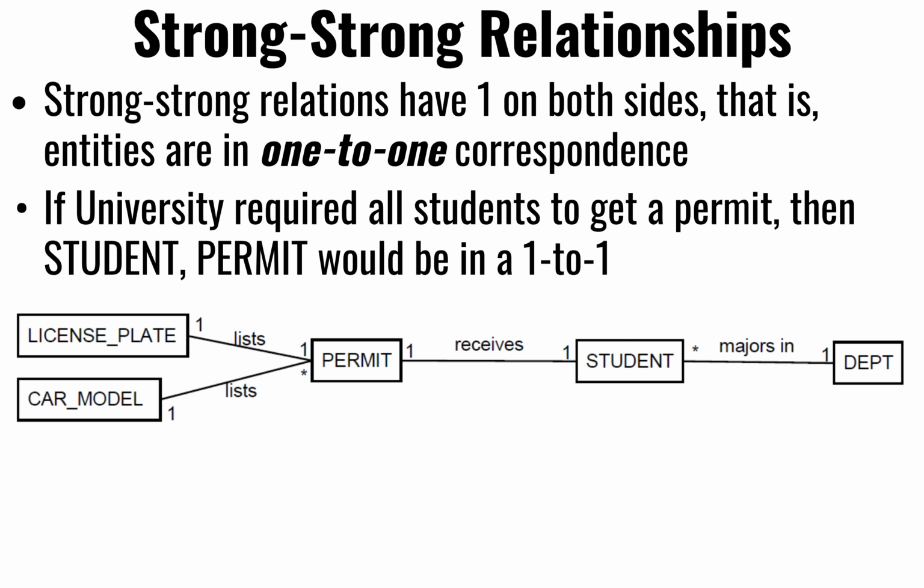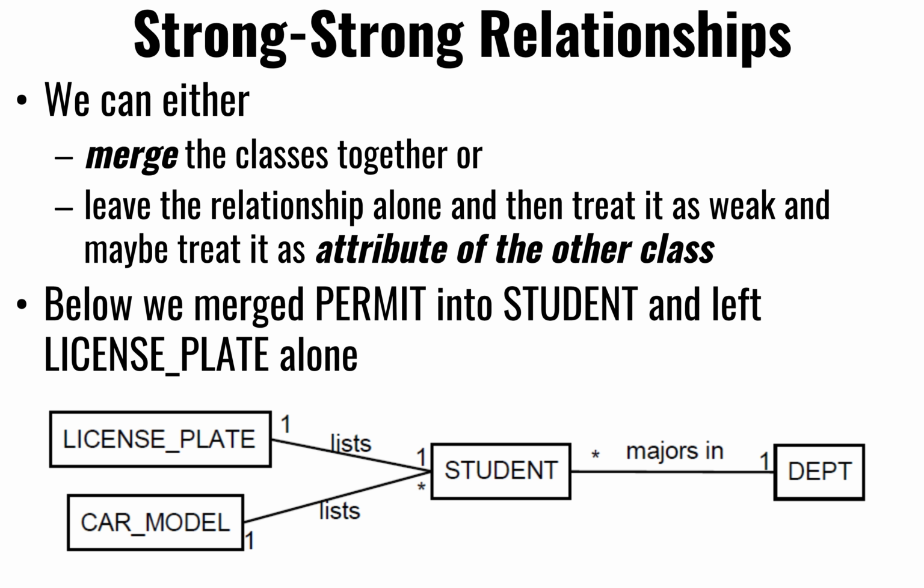Now, typically we do split it so that we can distinguish two different concepts. Permit is not necessarily something that is associated to all students, right? So it might be a stylistic decision on whether to merge it or not merge it. But if you merged it, you would have something like this.